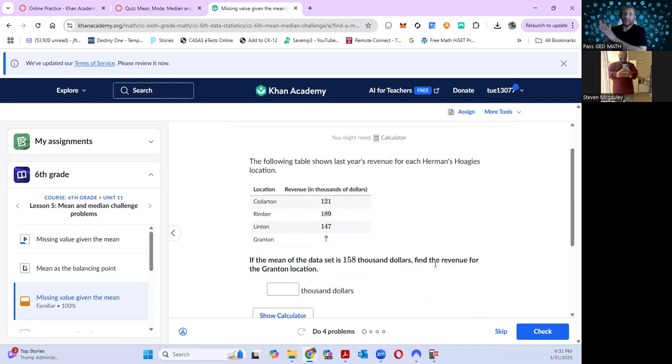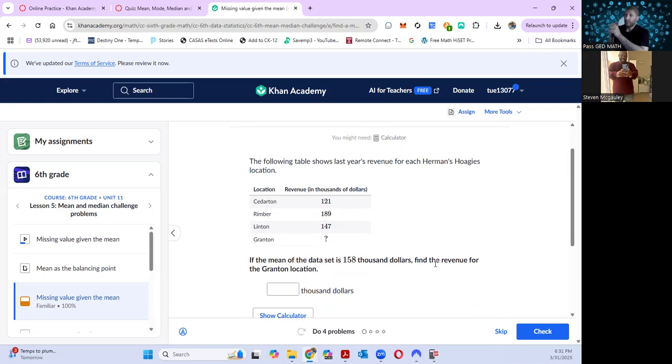Can you see this clearly? Yes, sir. It says the following table shows last year's revenue for each of Herman's Hoagie's locations. We look at the table and the column headings first. The first column says location. I have 4 locations: Cedarton, Rimber, Linton, and Granton. Do we know where that's at? No. Does it matter?